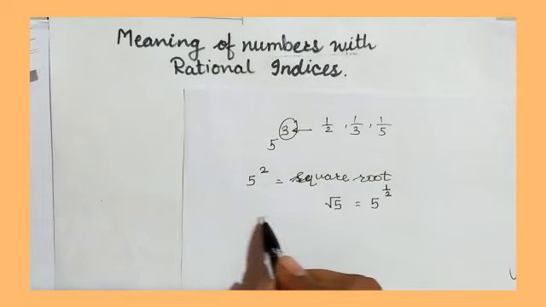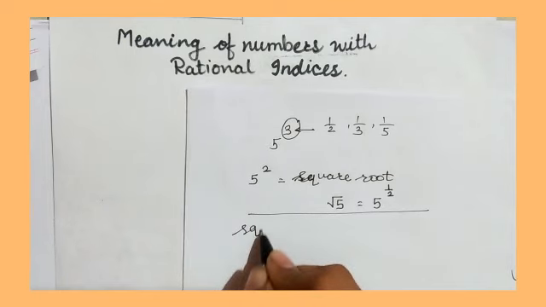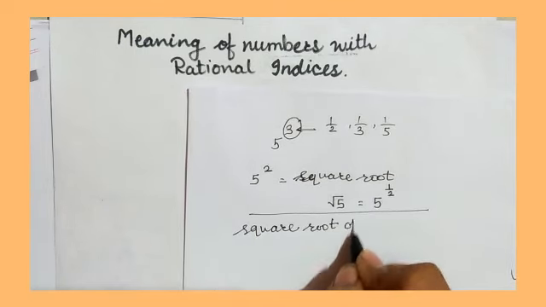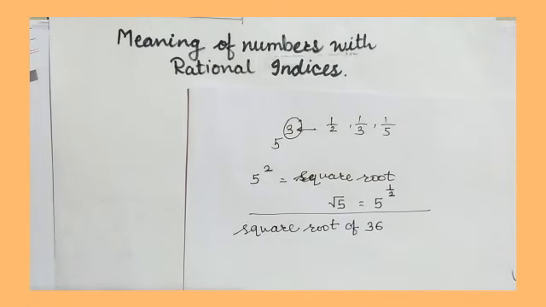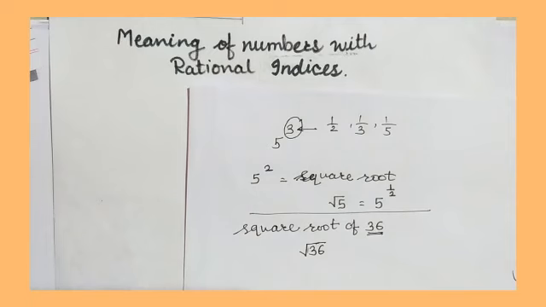Let's take another example. Suppose you want to show the square root of 36, then what will we do? We will put the number 36 into the symbol of square root.